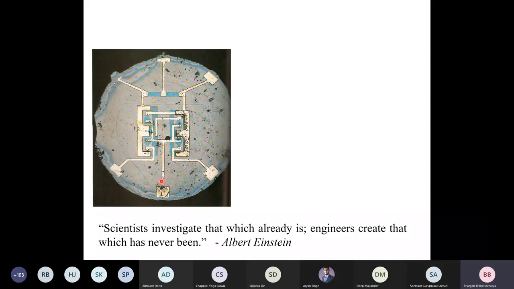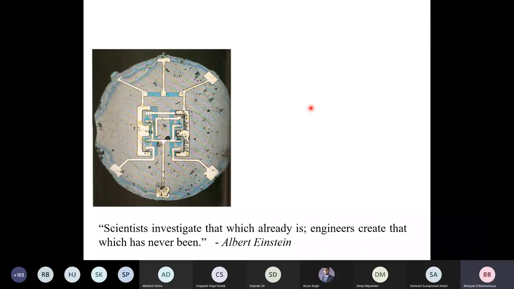Here again is a historical picture. Can you see something? This is a circular block, and you can see certain layers or tracks in white and blue.